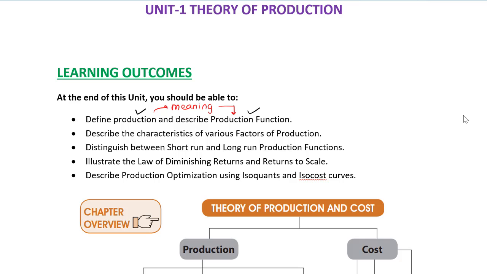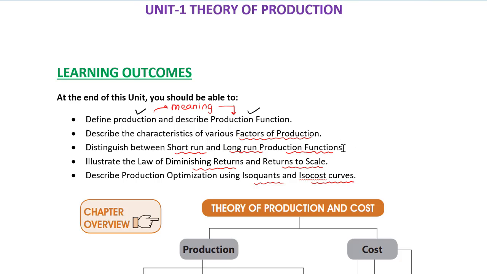Describe the characteristics of various factors of production. Distinguish between short run and long run production function. Illustrate the law of diminishing returns and returns to scale. We'll try to describe the production optimization using isoquants and iso-cost curves.